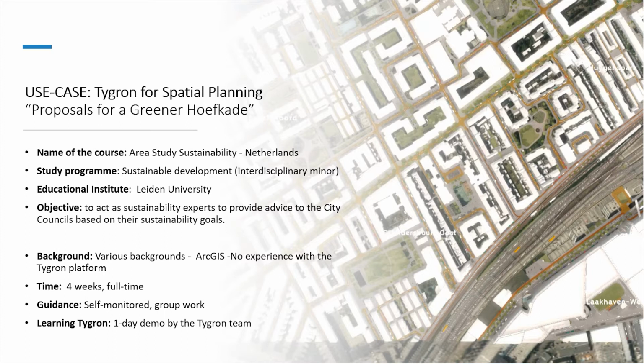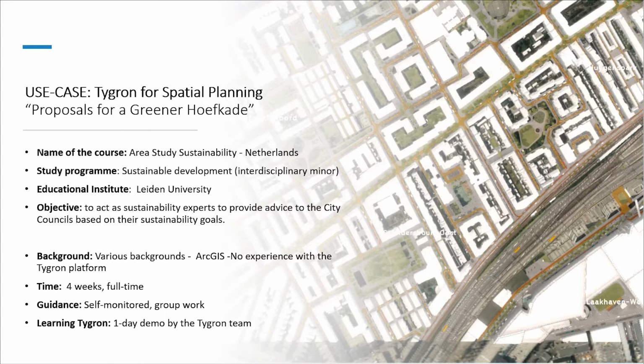They had no background in Tygron and maybe limited knowledge of ArcGIS, but the students had very different backgrounds. Some of them were studying international studies, some chemical engineering, international relations.